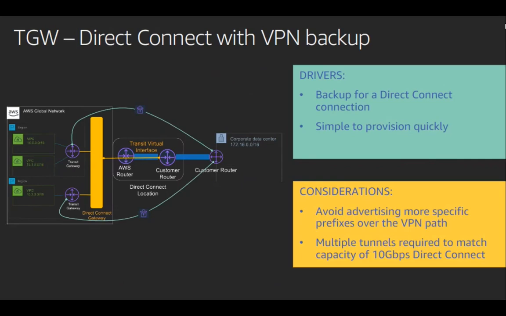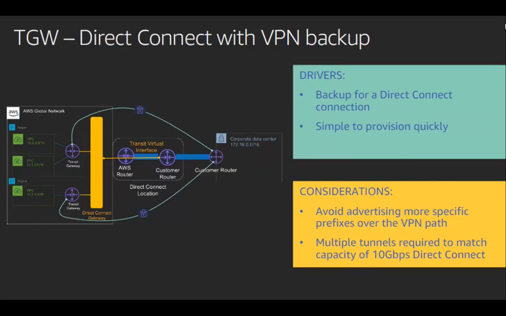Now, what are the pros and cons, what does it deliver, and what should we consider? Let's discuss that. It delivers a backup for Direct Connect. So in a situation where our interface is not responding, or if we have an outage, we can simply use the VPN connection as a backup.